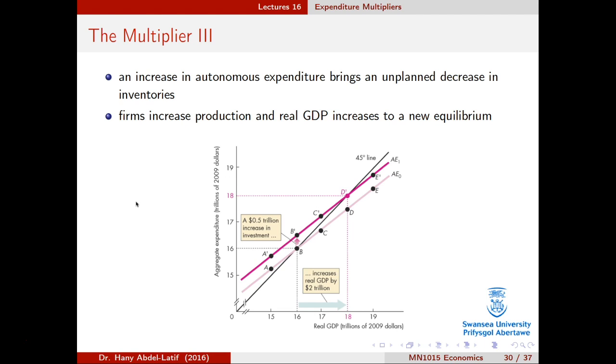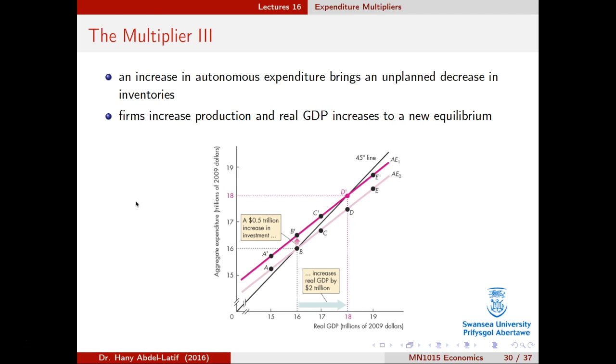The example I gave you was about G. The example you see on the screen now is an increase in investment by $0.5 trillion. This is the impact of the increase by 0.5 in investment. The final impact in the economy is $2 trillion, so it's much larger than 0.5. It's 4 times 0.5.